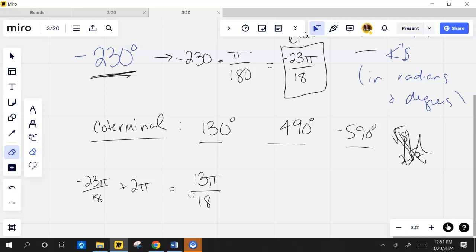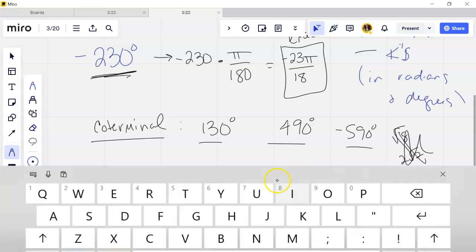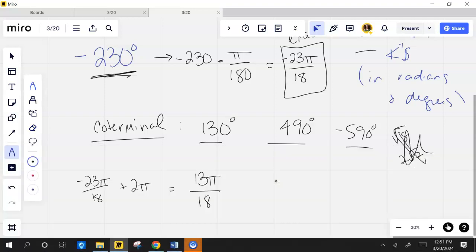Yeah, 13 over 18. And what I would do is I would just keep this in my calculator and add 2 to it again. Math enter, enter. That's right.